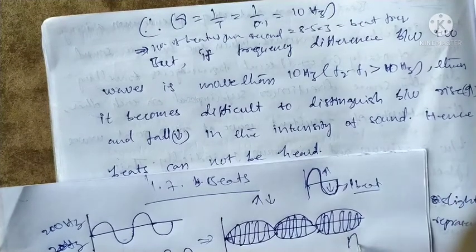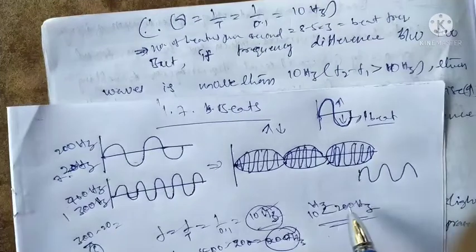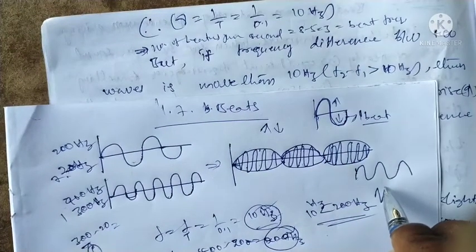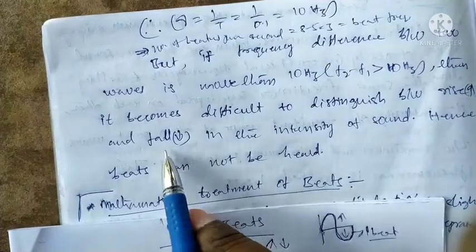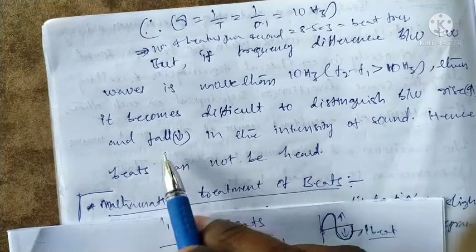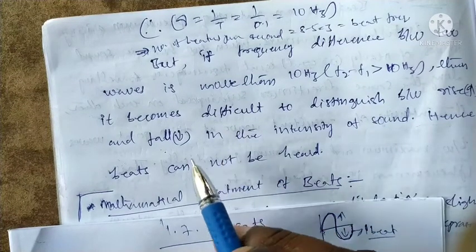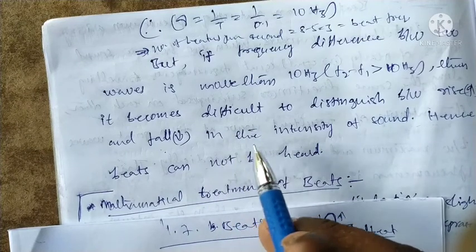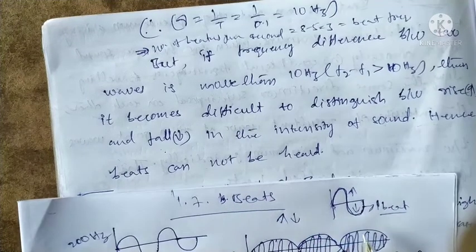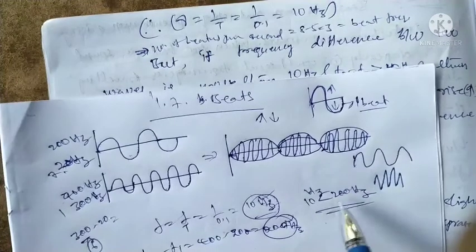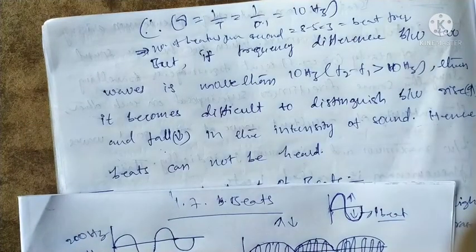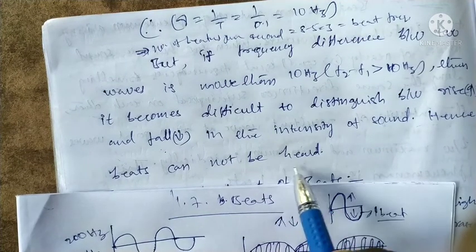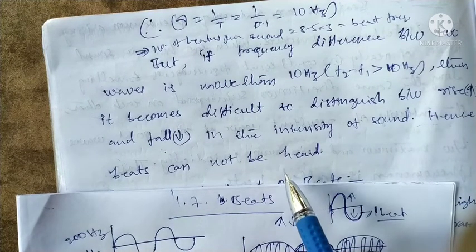Beats are nothing but the rising and falling, the increasing and decreasing, of the intensity of the wave. That is not possible here because the frequency difference is very high compared to the two waves, so we cannot hear the sounds of the beats.